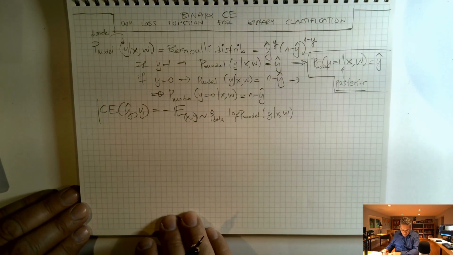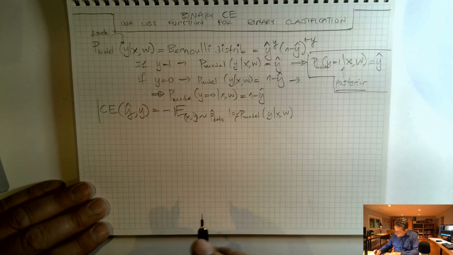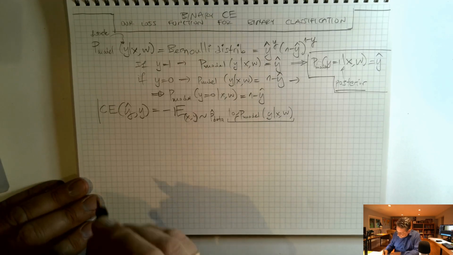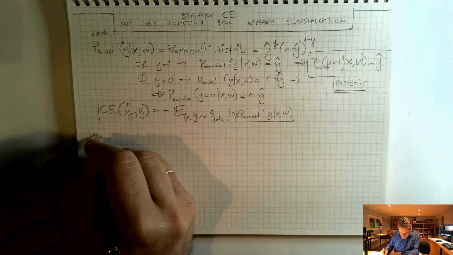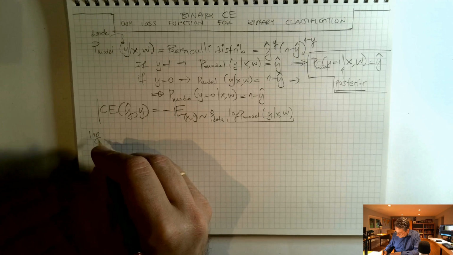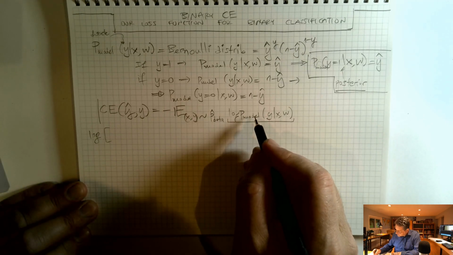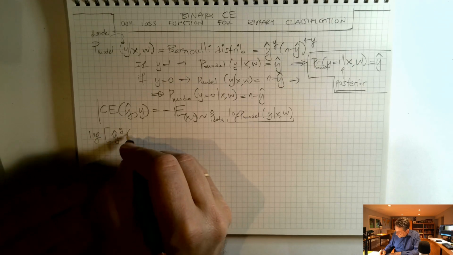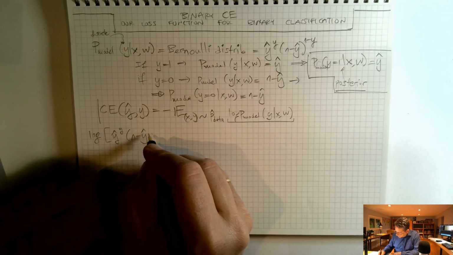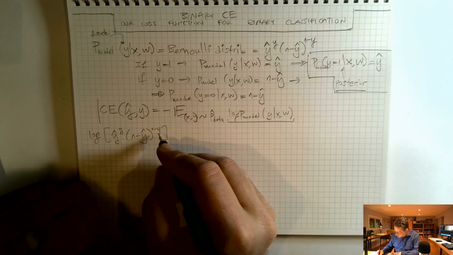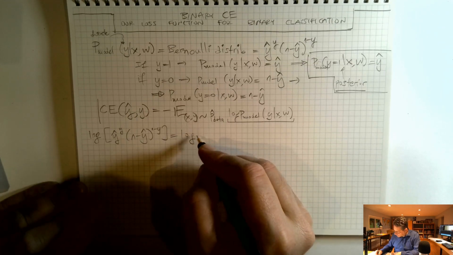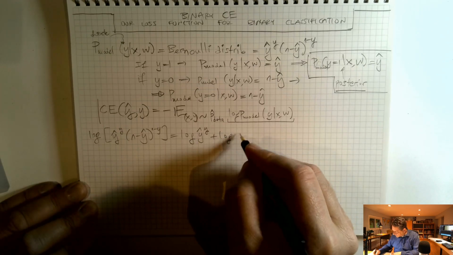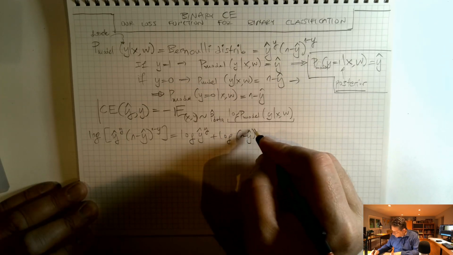And I'm interested in calculating this term over here. This term can be trivially calculated as log of my p model, which is y hat to the power of y times 1 minus y hat to the power of 1 minus y, or log y hat to the power of y plus log of 1 minus y hat to the power of 1 minus y.